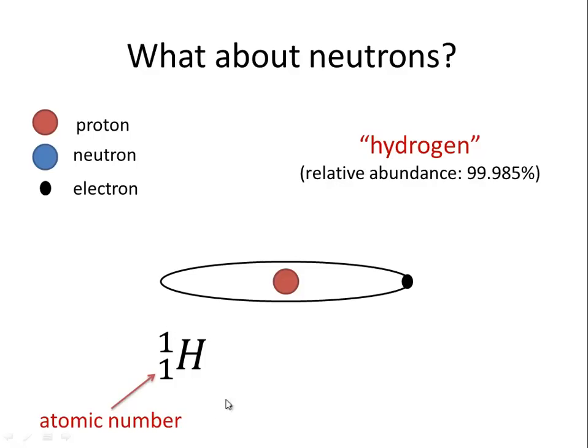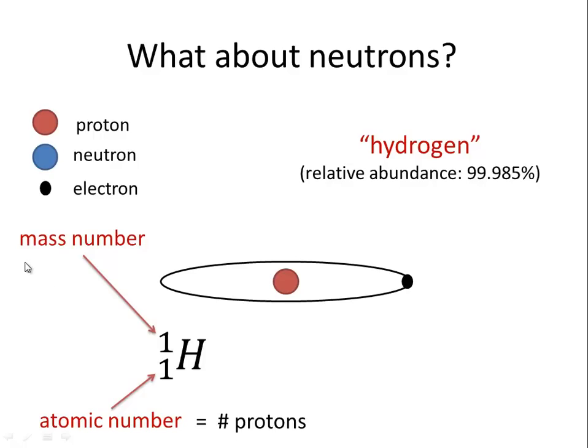The subscript is the atomic number of the particular type of atom that we're talking about, and as we said in part one, the atomic number is the number of protons in the nucleus. The superscript is what we call the mass number. Make sure you've got that in your notes.